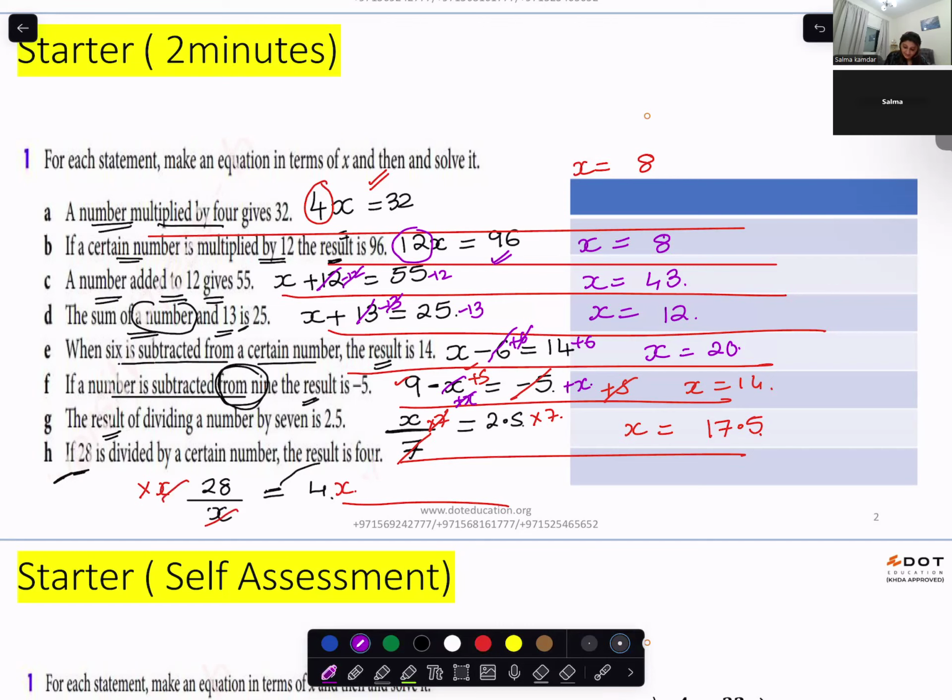Then I will divide both sides by 4. So my x will be 28 divided by 4. So x is equal to 7. It is always advised to pause the video, solve, come back, check.